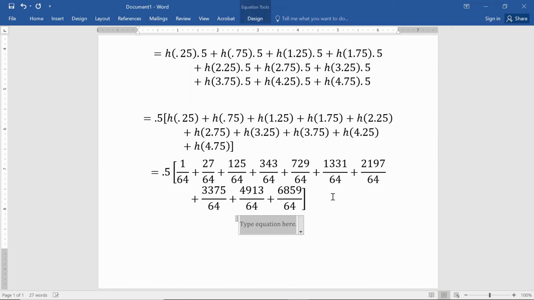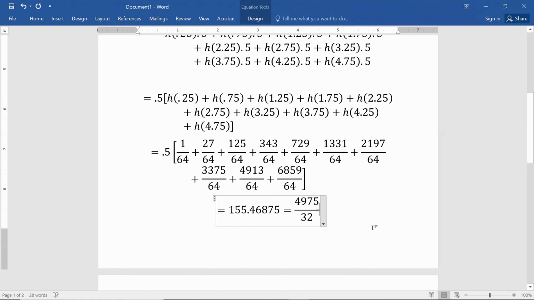When I calculated this, I ended up with an answer of 155.46875, which is also 4975 over 32 in improper fraction form.